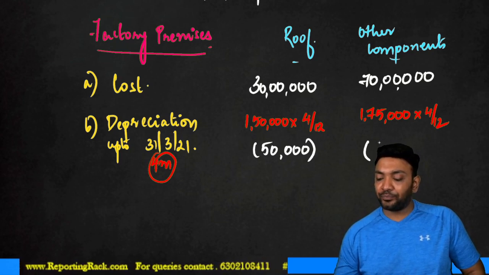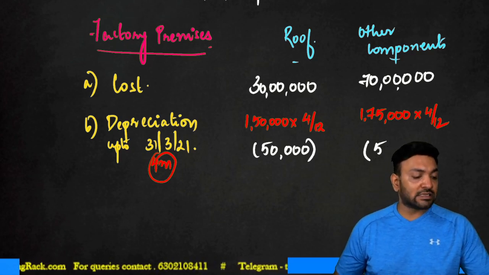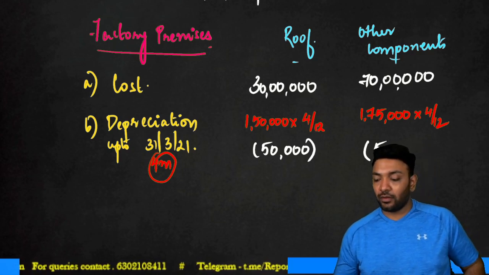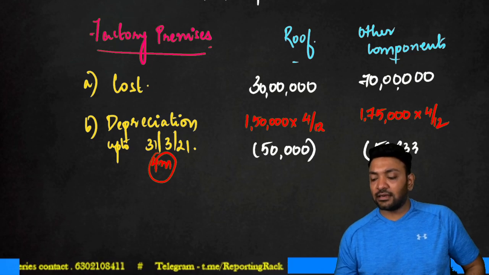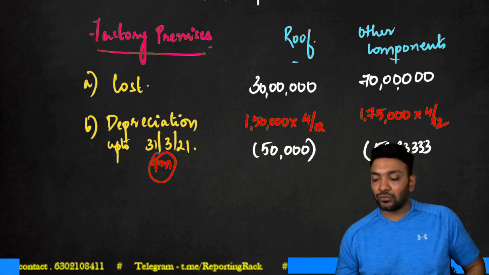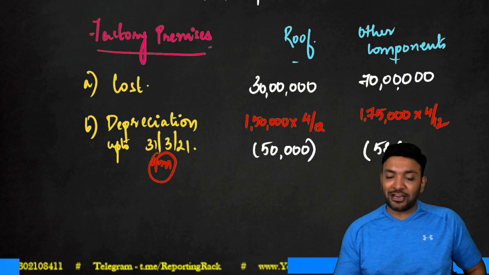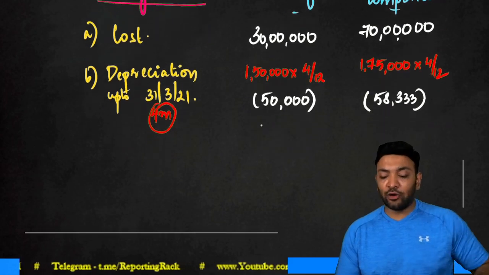Divided by 3. 175 divided by 3 is 58,333.